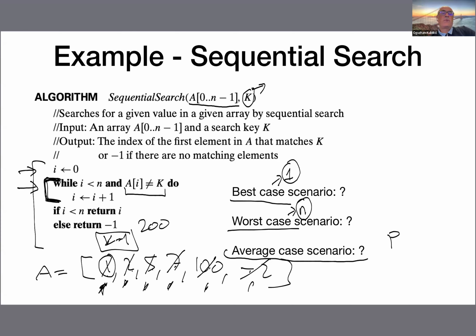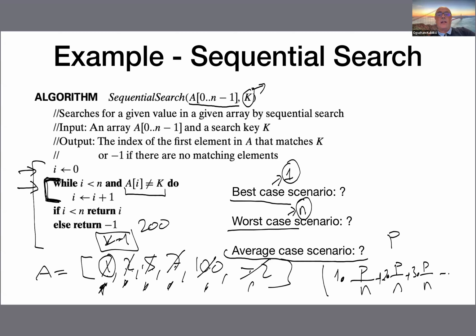You will go to the first position, and with probability P over N you will see that it is there. With probability P over N, you will see that it's in the second position. With probability P over N, you will see that it's in the third position. If it is in the first position, you will need to make only one comparison. If it is in the second one, two comparisons. If it is in the third one, three comparisons, and this will go on.